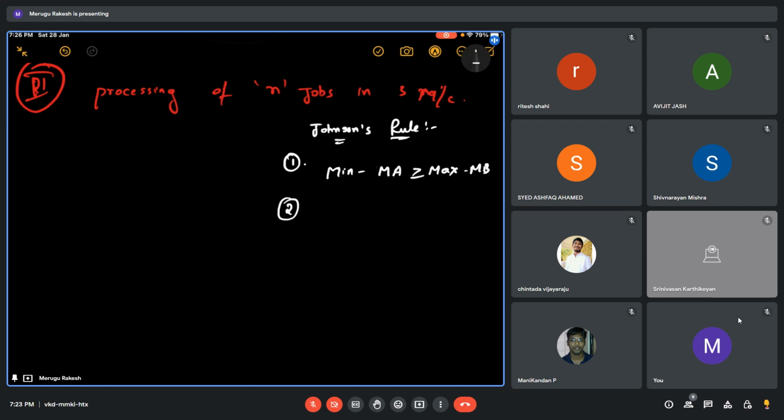The other rule is the minimum in machine C should be greater than or equal to the maximum in machine B. If it satisfies any one of these two, that is fine. You are good to go with the process that I am going to explain. You have to keep this in mind before applying this process.